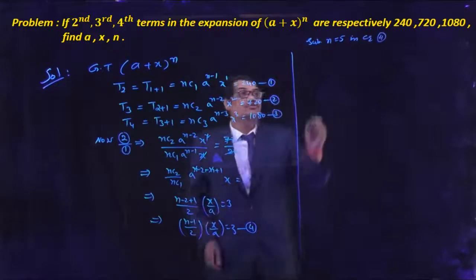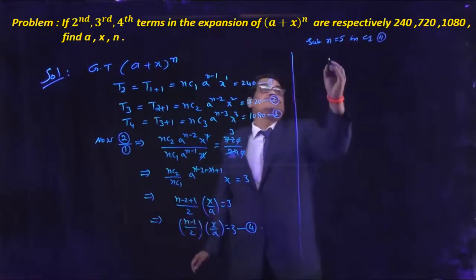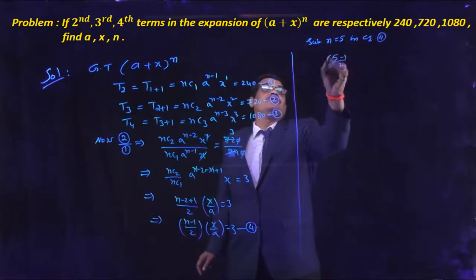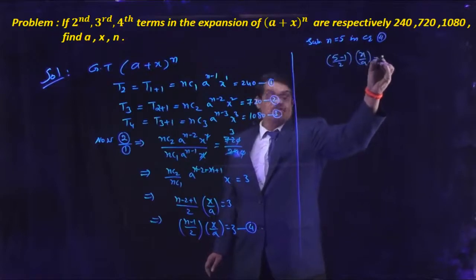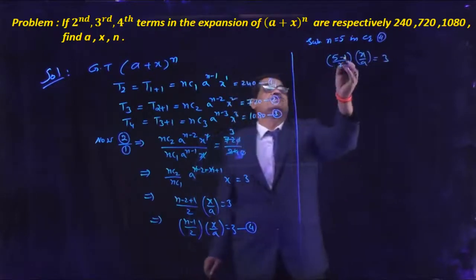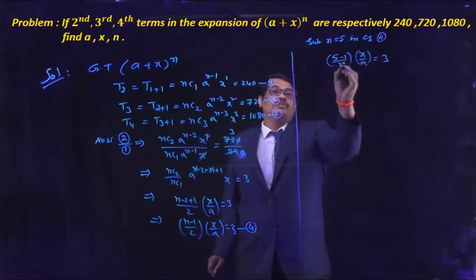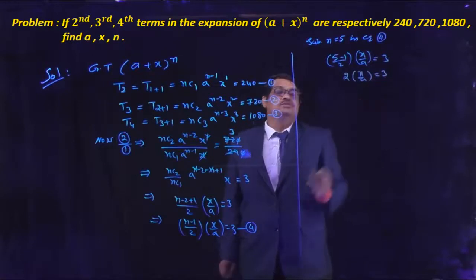What is equation 4? That is (n minus 1) by 2, that is (5 minus 1) by 2 into x by a is equal to 3. What is 5 minus 1? That is 4. 4 by 2 is 2. So 2 into x by a is equal to 3.